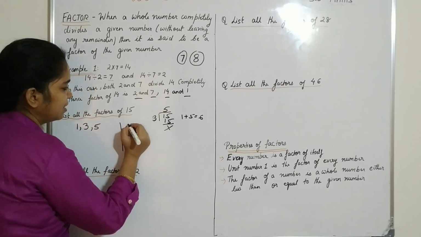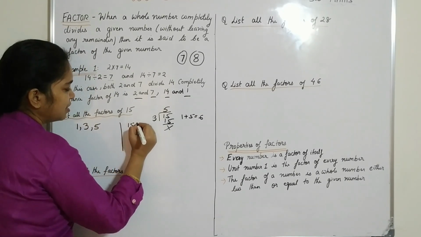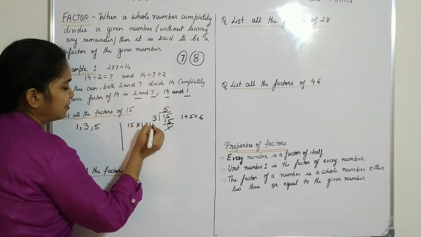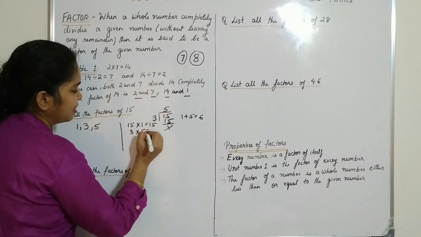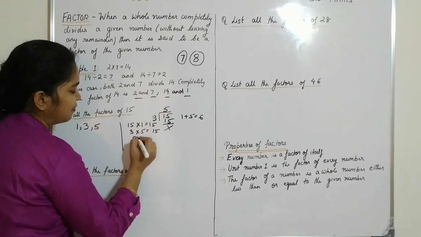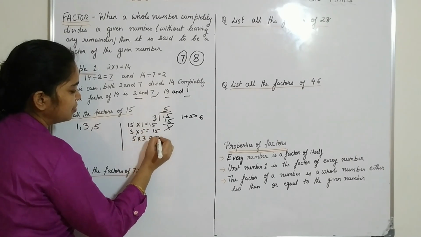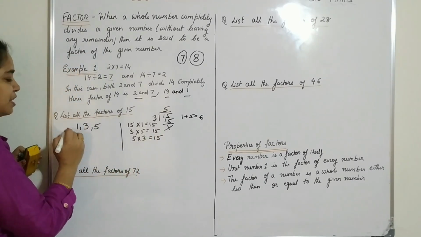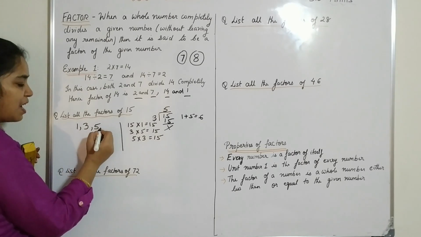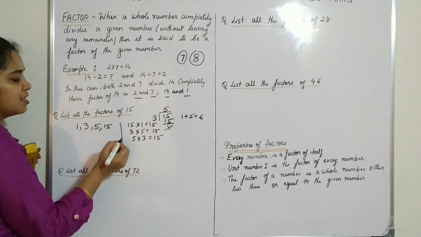So we will write like this: 15 into 1 equals 15, 3 into 5 equals 15, 5 into 3 equals 15. So the factors of 15 are 1, 3, 5 and the number itself, that is 15.